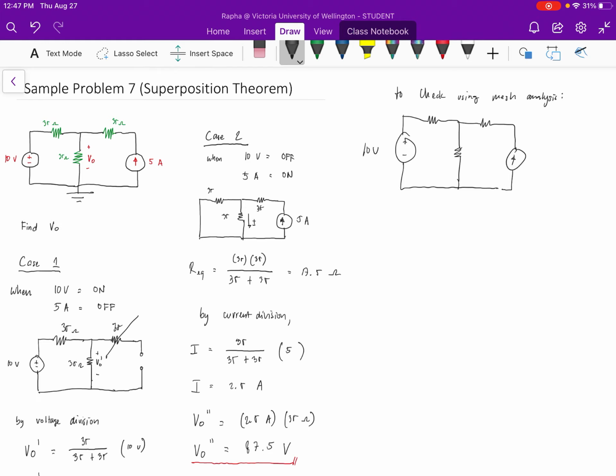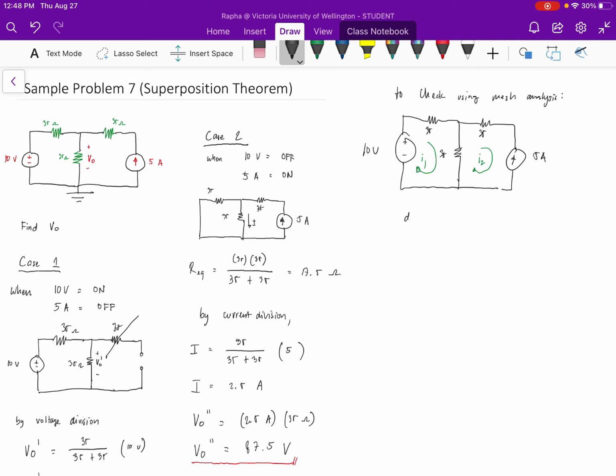You have 10 volts, 35, 5 amperes. This will be our mesh currents. This will be our I1 and our I2.